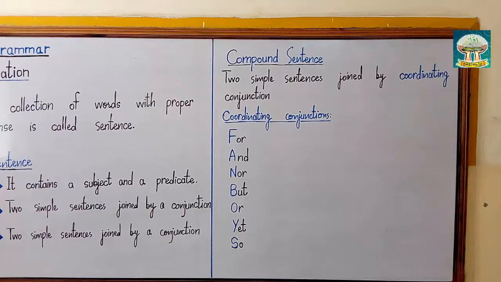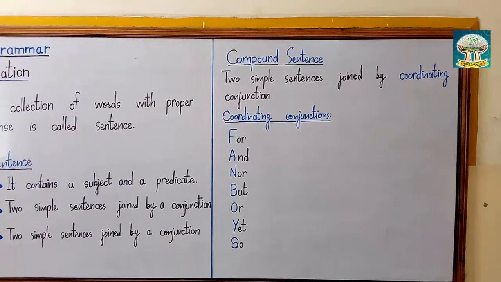There are 2 types of conjunctions, coordinating conjunctions and subordinating conjunctions. We are going to talk about subordinating conjunctions in 2 to 3 minutes. It is difficult to remember subordinating conjunctions because there are so many, but it is easy to remember coordinating conjunctions because in the English language there are only 7.